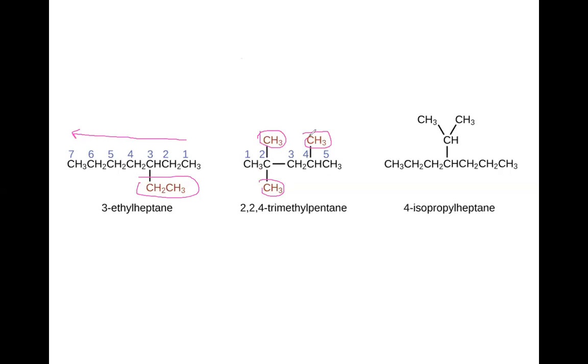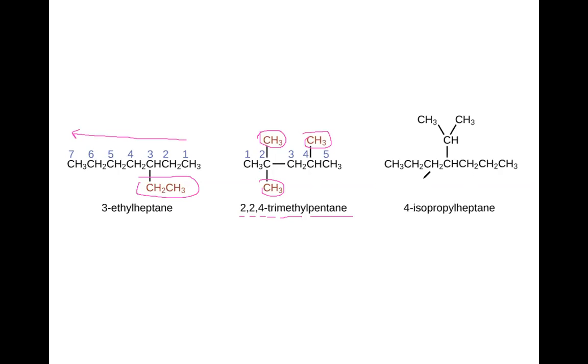What's 3? 3 is tri. And where does it have them? Well, it has 2 on the second carbon and 1 on the 4th carbon. So we say 2,2,4-trimethylpentane. Again, you have to have as many numbers as you have substituents. We have 3, so we better have 3 numbers.